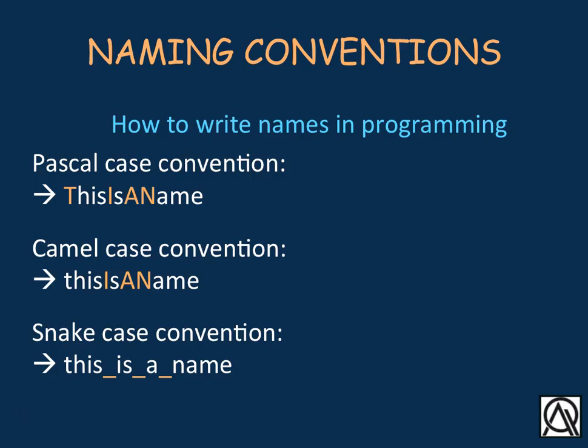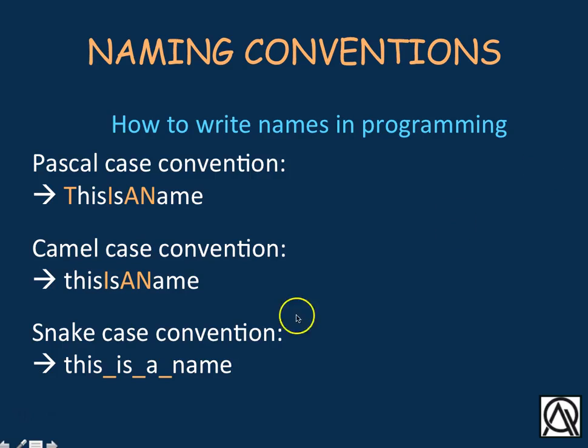Also, we have a camel case convention. It looks like this. The first letter is a small letter, and after that we capitalize the first letter of each word. It is similar to the Pascal case convention. The only difference is that the first letter should be a small letter.